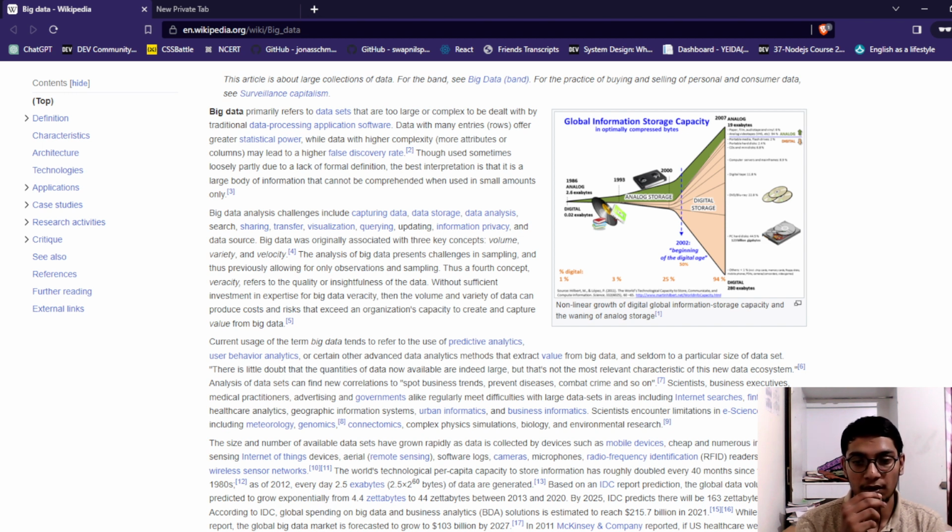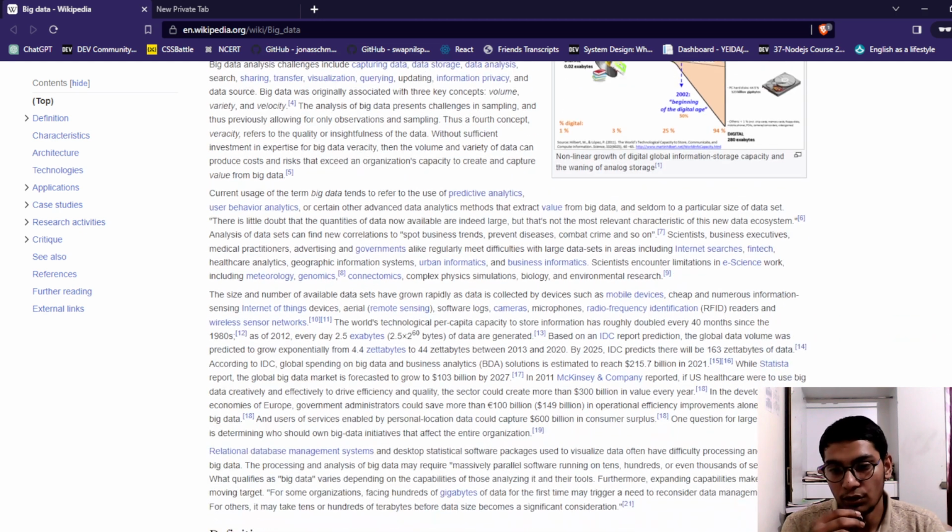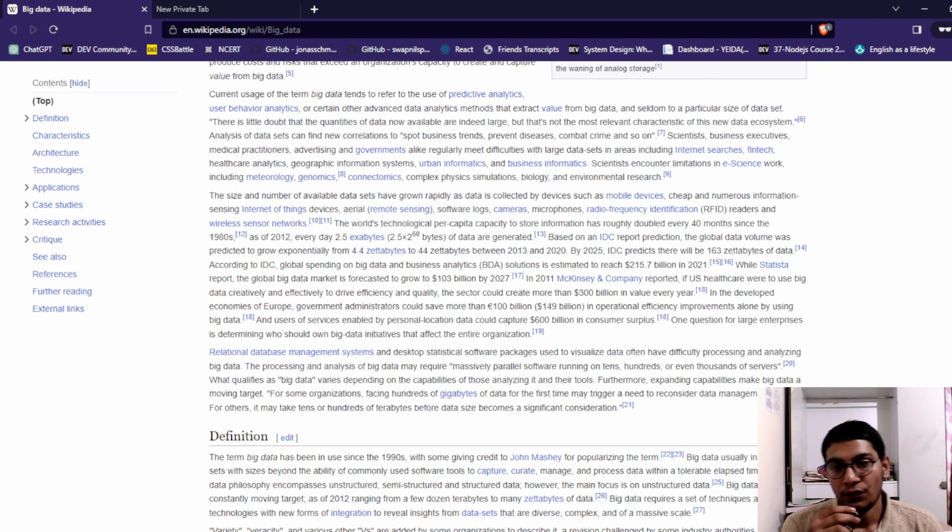IDC predicts there will be 163 zettabytes of data by 2025. Global spending on data and business analytics solutions is estimated to reach 215.7 billion, while Statista reports the global big data market is forecasted to grow to 103 billion by 2027.